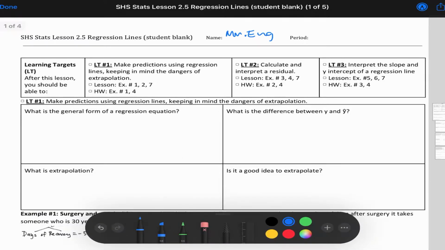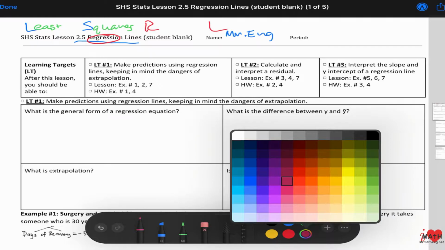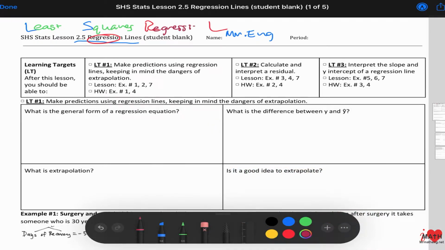Today we're going to be learning about regression lines. They also call this LSRL, which stands for least squares regression lines, or LSRLs.